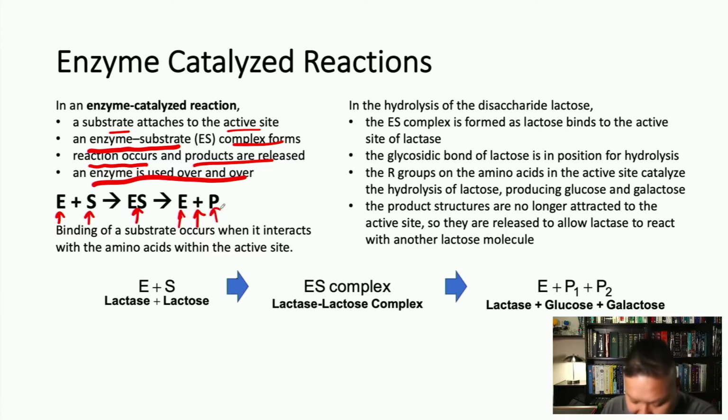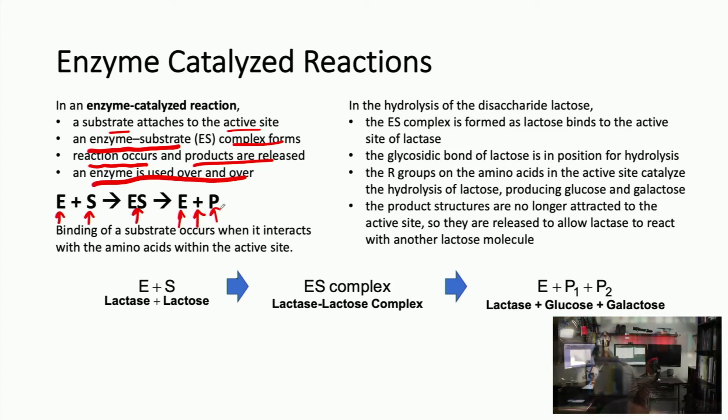So a good example of this would be an enzyme that actually hydrolyzes the disaccharide lactose. It breaks that 1,4 glycosidic bond that lactose has. So the enzyme is named lactase, and so that's the E for the enzyme. And then lactose is the substrate.